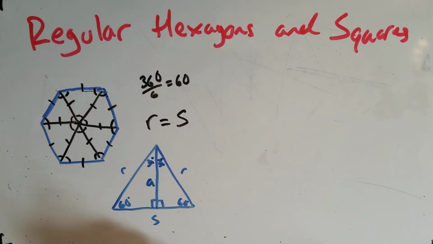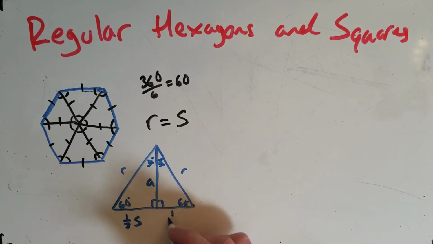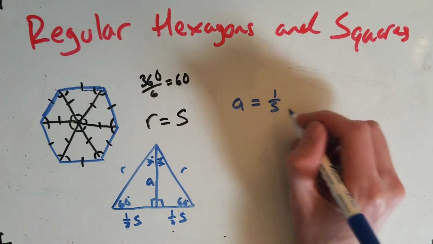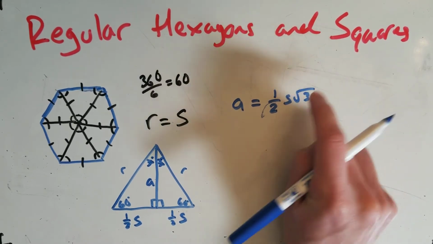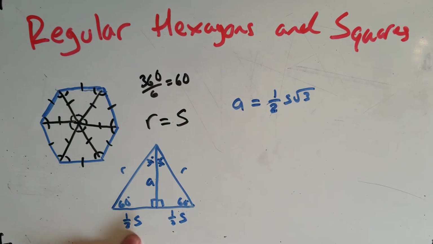And if you want to look for the relationship between the apothem and the sides, well, the apothem is going to be equal to 1/2 the side times the square root of 3. Because of that 30-60-90, this is going to be half and this is going to be the other half of the side.